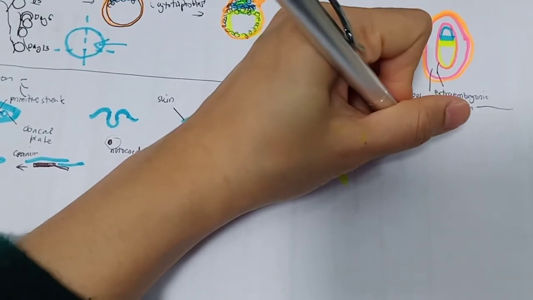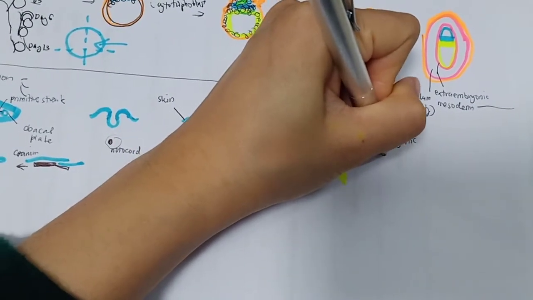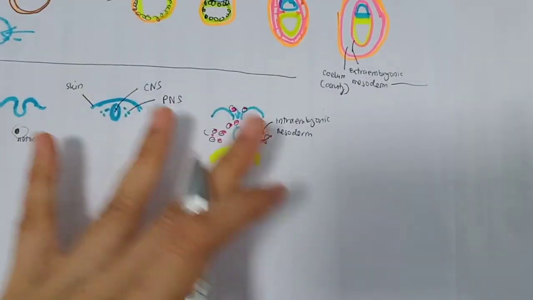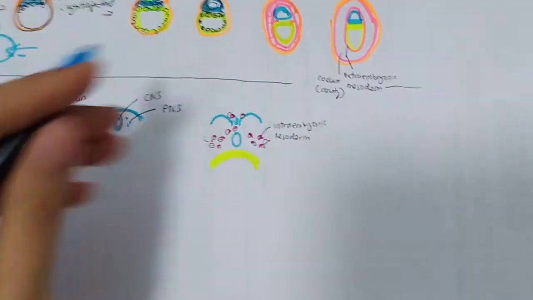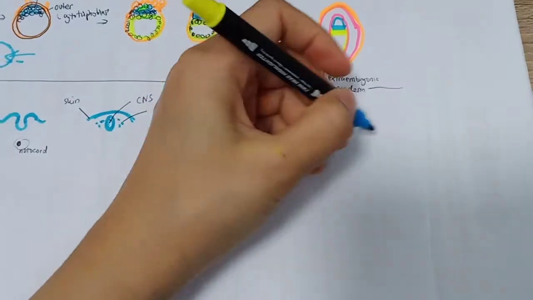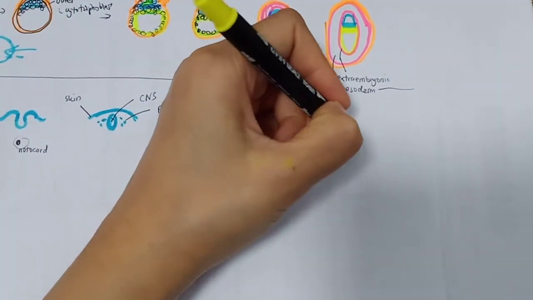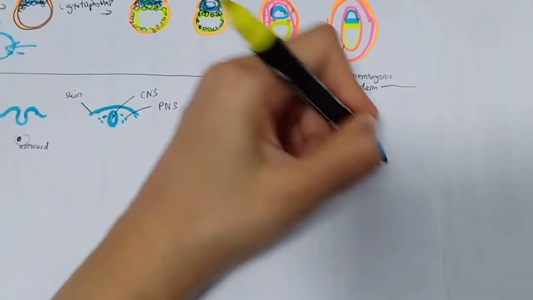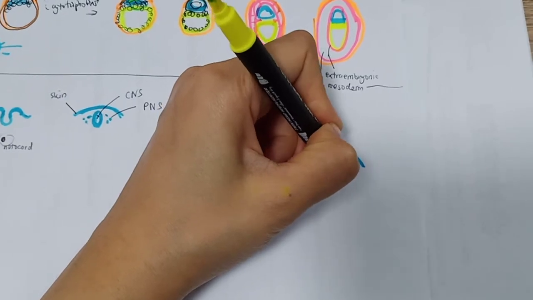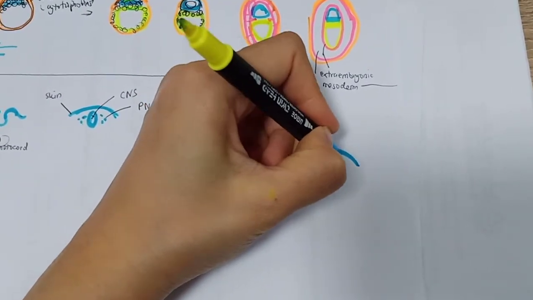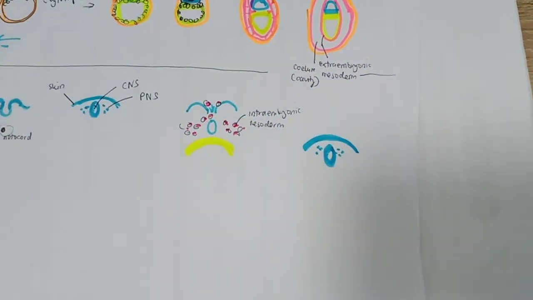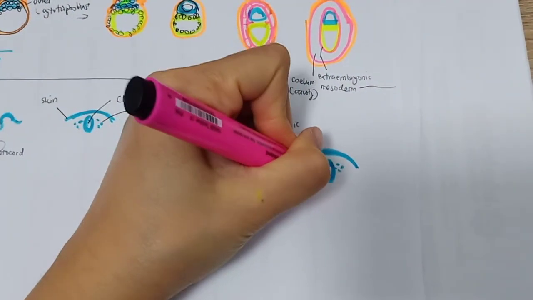So the influx of the ectoderm occupying the space in between will form the intraembryonic mesoderm. So let's catch the whole thing so that it becomes a complete cross section. So now we have an ectoderm with a neural tube and also neural crest, with the influx of the mesoderm here.